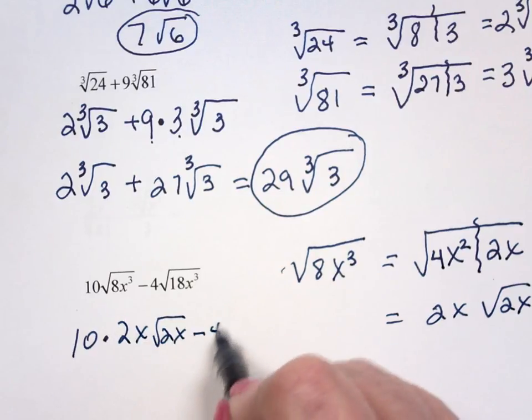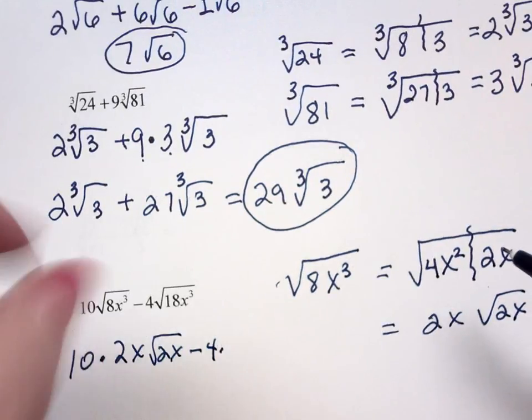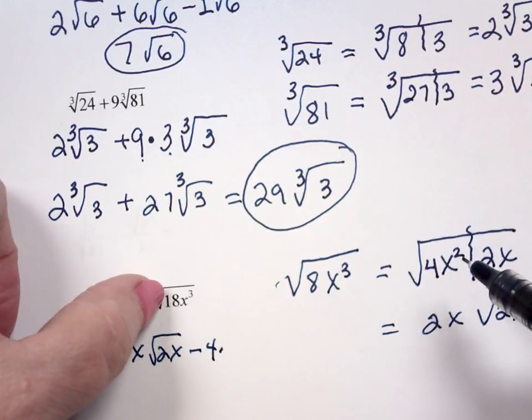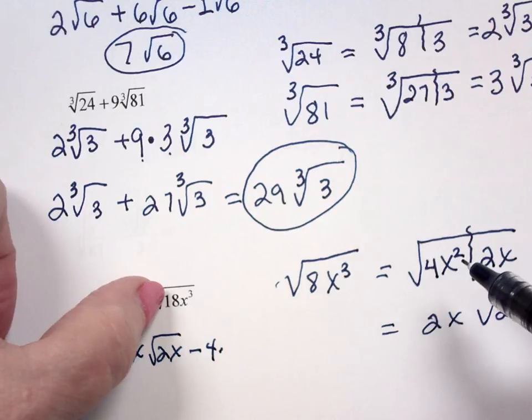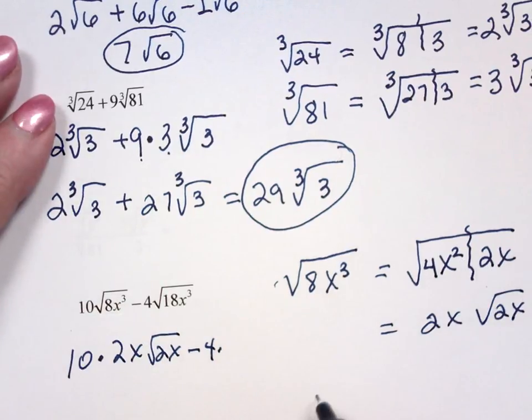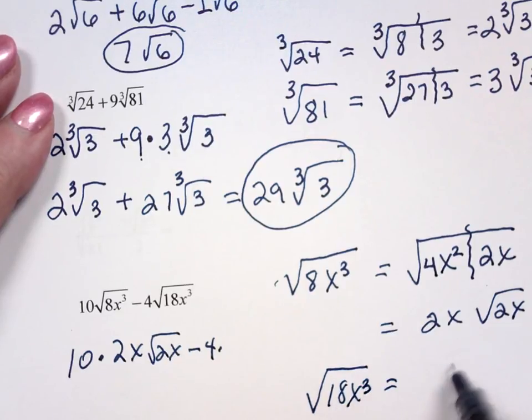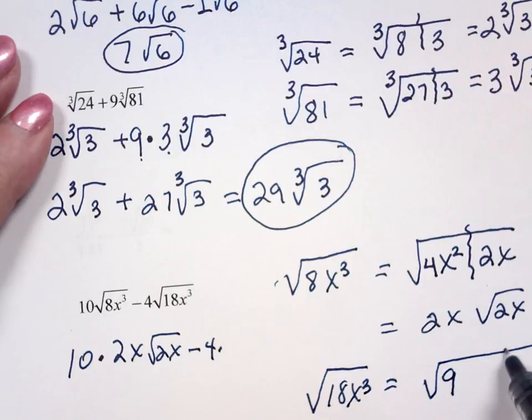Minus 4 times. Now, I need a 2 by itself. If I divide 2 into 18, what do I get? 9. 9's a square, so 18x cubed is going to be 9 and 2, x squared and x.